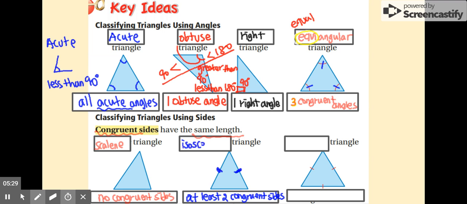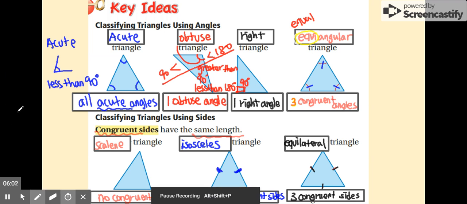Be careful with the spelling, no spelling error. Isosceles. And when you have three congruent sides, it's called equilateral. You guys remember this term, equilateral triangle.